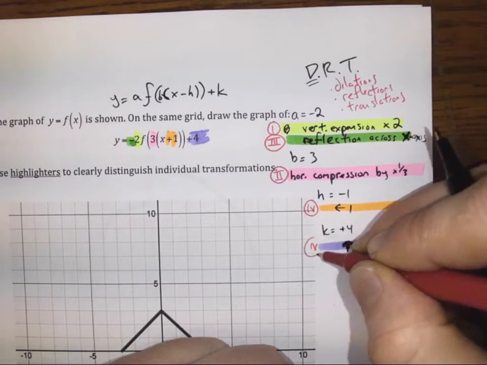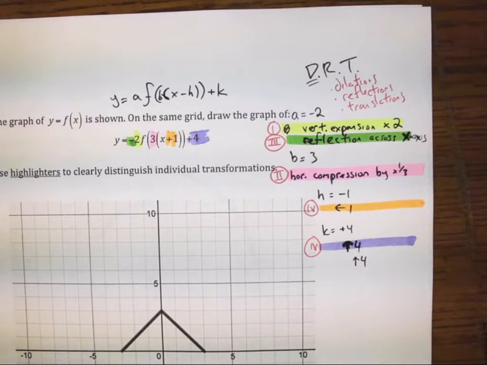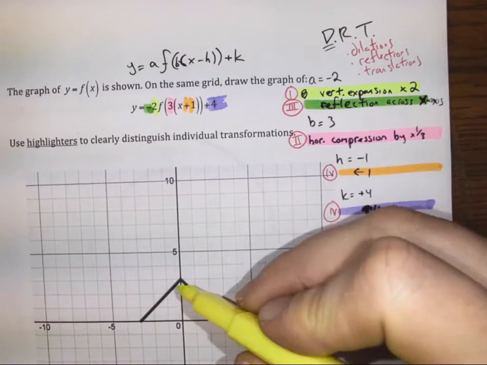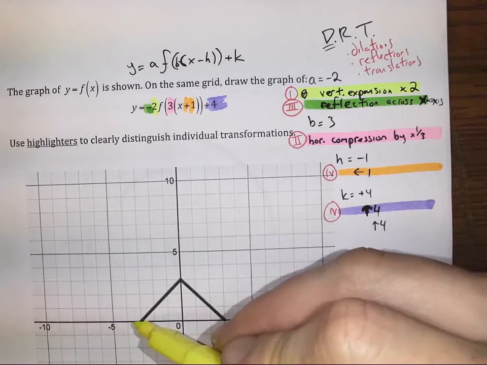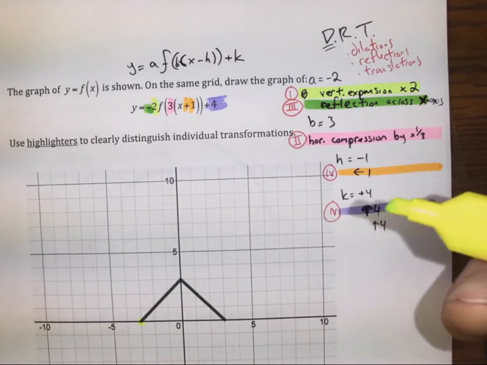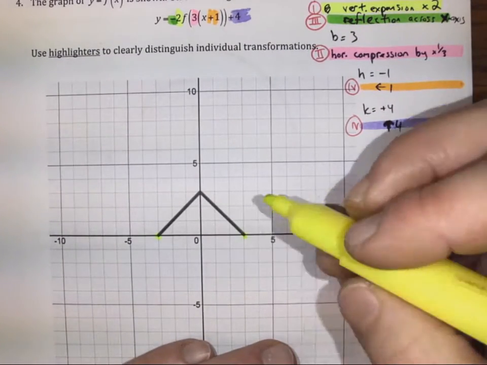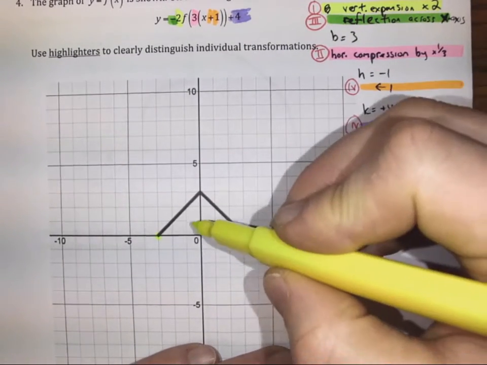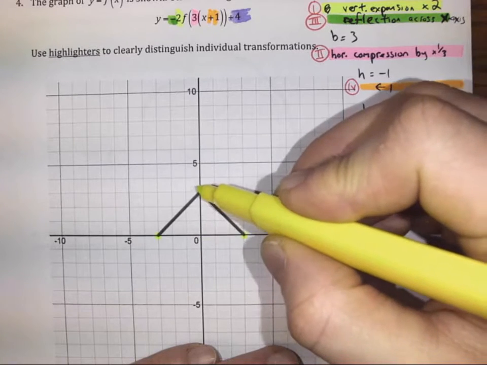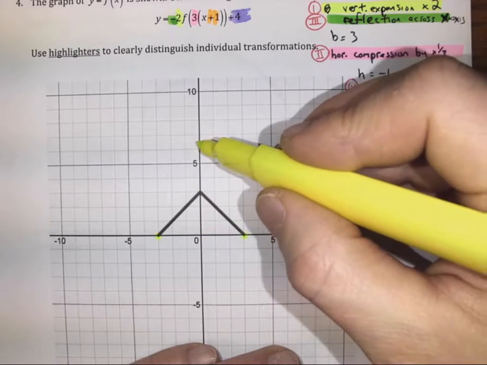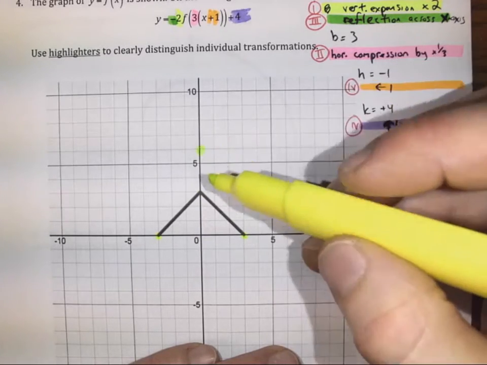Okay, so step 1 is we're going to vertically expand by a factor of 2. That means all of our y values are going to get multiplied by 2. So I'm still going to have a value here on the x-axis, however this point here at 0, 3 is going to be multiplied upward to give me 0, 6.